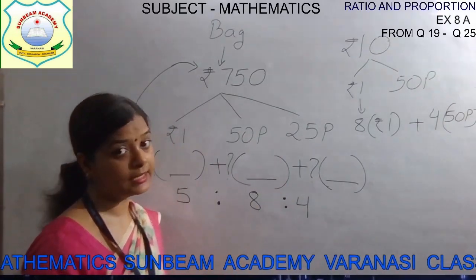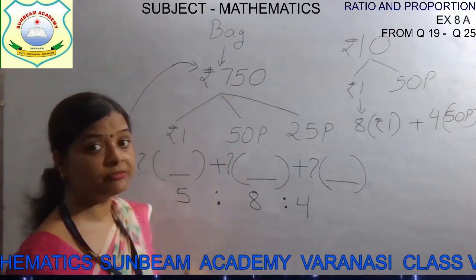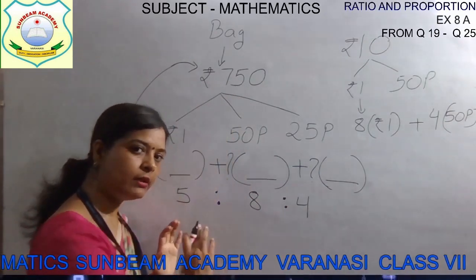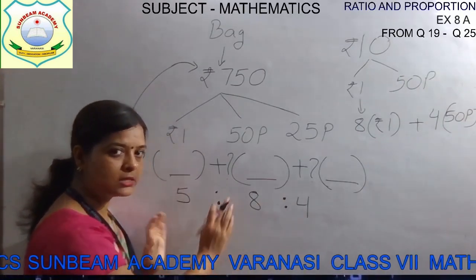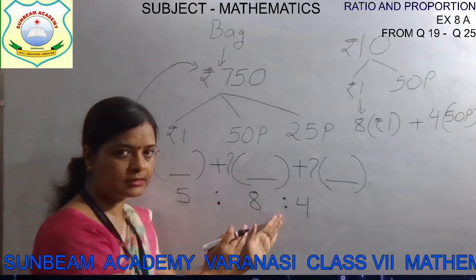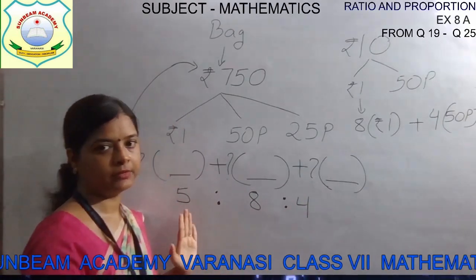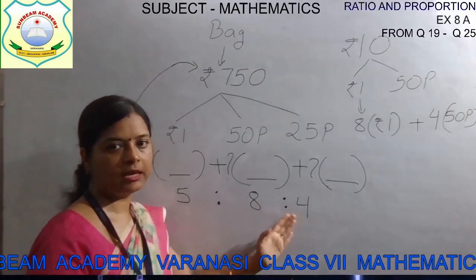But it is not exactly the same, because we have 750 rupees. But whatever the coins are, they will be in the same ratio. That's why we will take x with all of them: 5x, 8x and 4x.